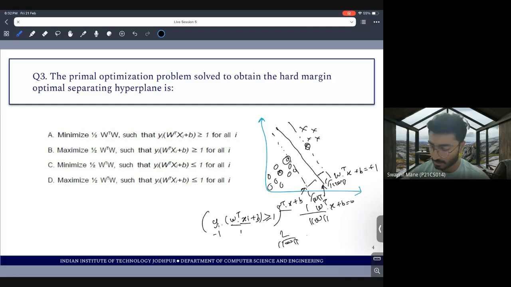But we need to note that w includes two components: the magnitude, which is the norm of w, and the vector.